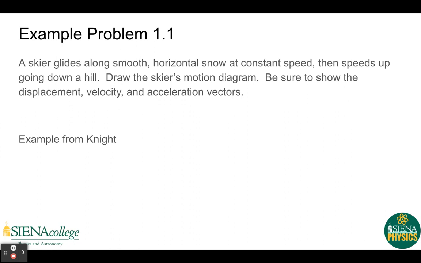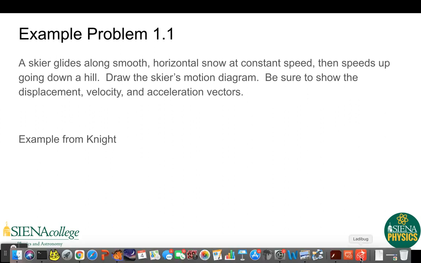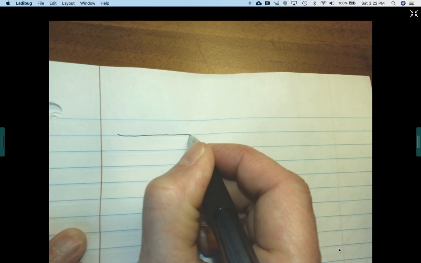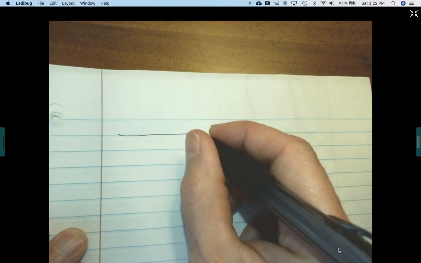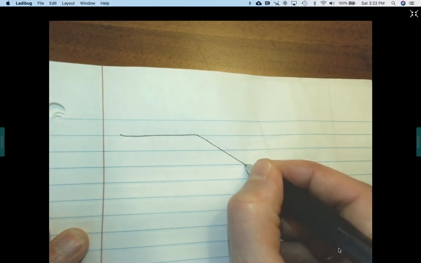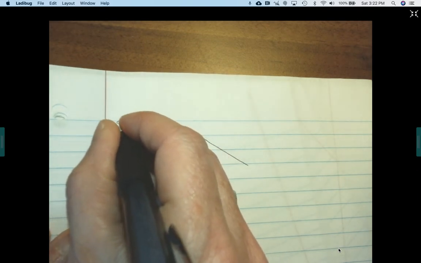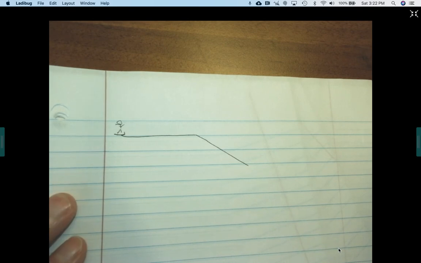Okay, so let's go to our camera here. All right, so we have a skier going along a flat surface at a constant speed and then going down a hill. Okay, so we can draw our skier in here. So let's think about our motion map.